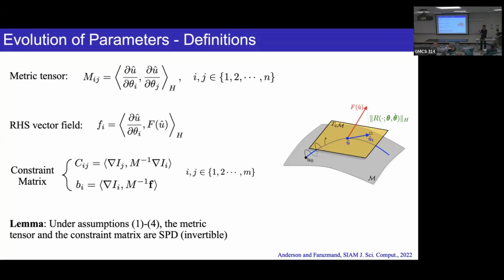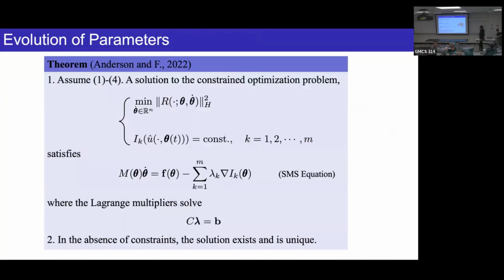If my PDEs have a handful of conserved quantities, usually this is a small matrix. But M could be a pretty large matrix depending on how many parameters you have. So think of a very deep neural network or very wide, shallow neural network. So this n in those cases can be quite large.